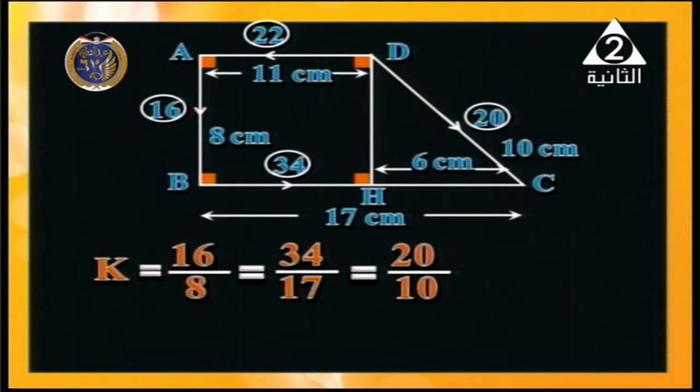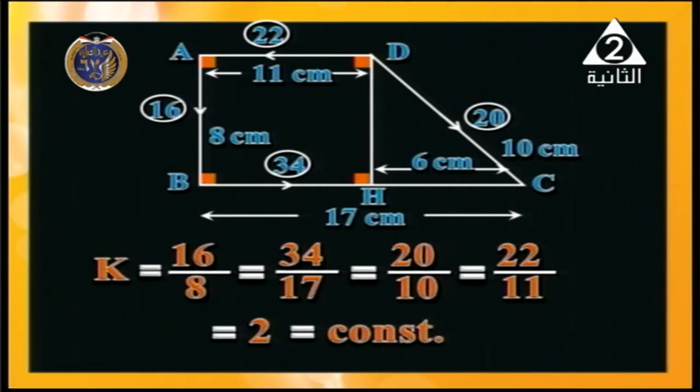Also in DC the force is 20, length 10, ratio equals 2. In DA the force is 22 and the length is 11, the ratio equals 2. This is a constant ratio, then the system is equivalent to a couple.